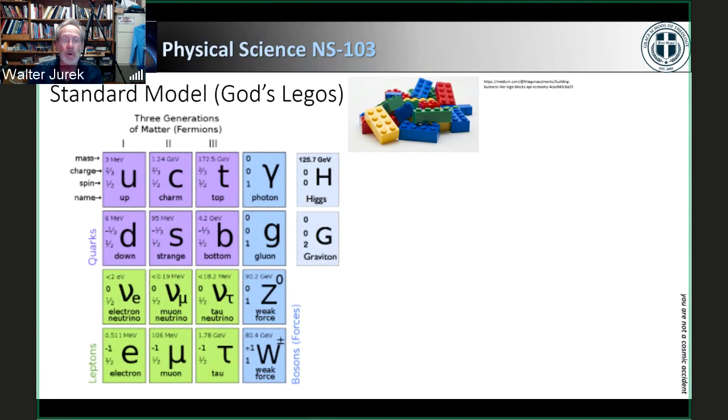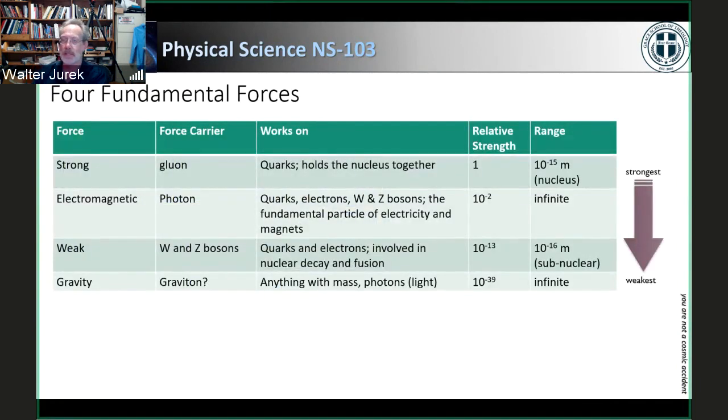Alrighty, let me take you on a tour of these 4 fundamental forces. From strongest to weakest, we have the strong nuclear force, then the electromagnetic force, then the weak nuclear force, and then gravity. But let me help you understand just how strong these forces are relative to one another.